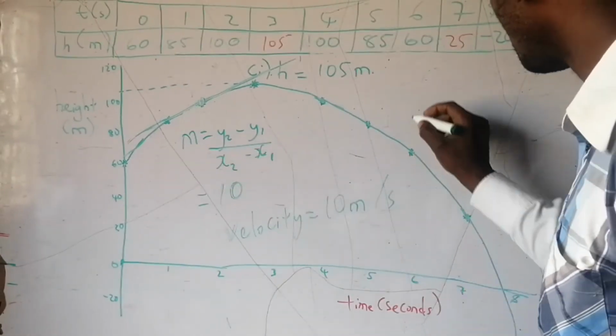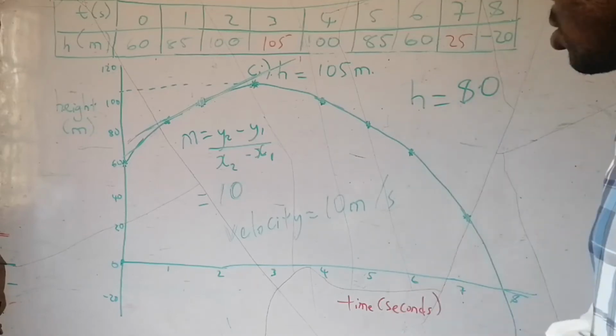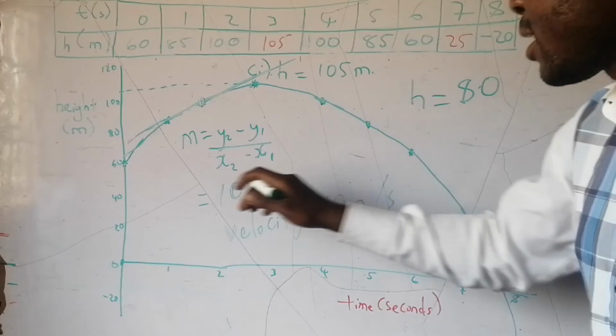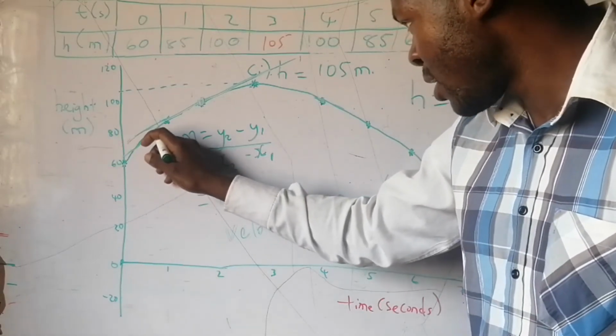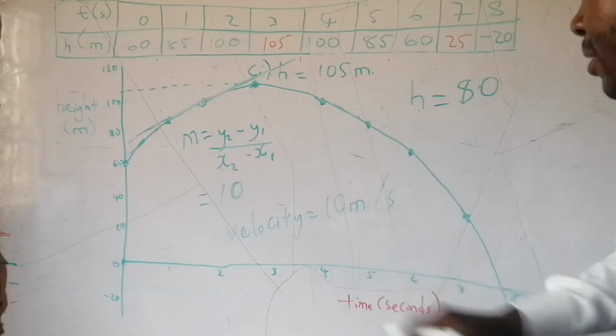It means that h is equal to 80. So we want to find the time when h is equal to 80. When h is equal to 80, what is the time?